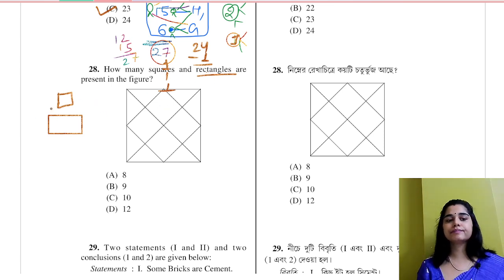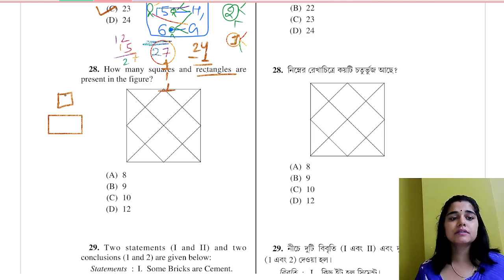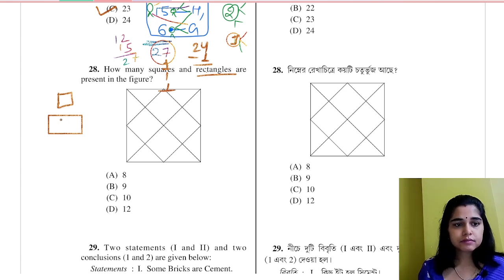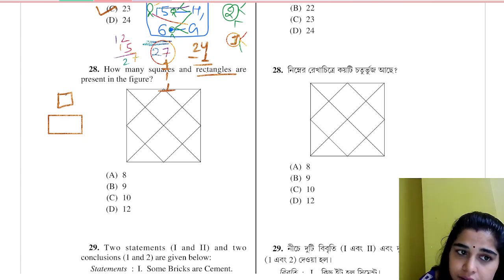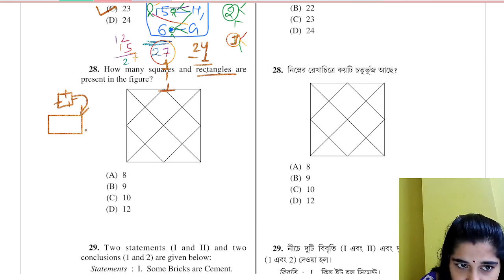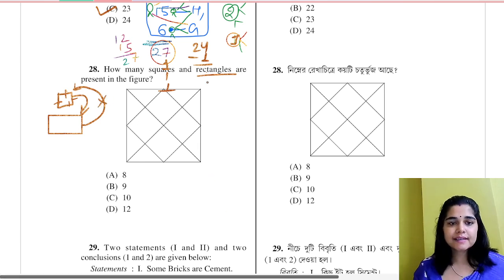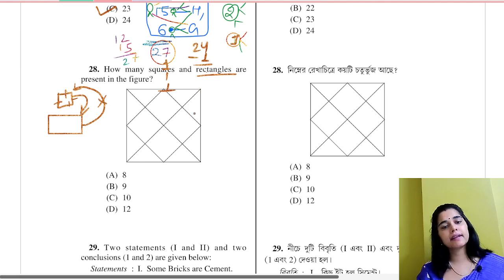As we know, all the squares are also known as rectangles. But all the rectangles are not squares. This is a normal concept. So let's see how many squares and rectangles are there.